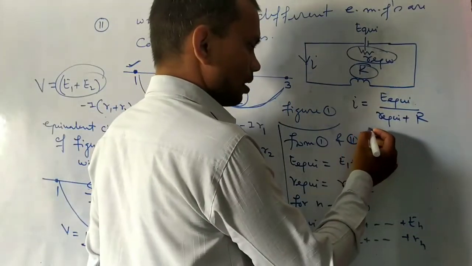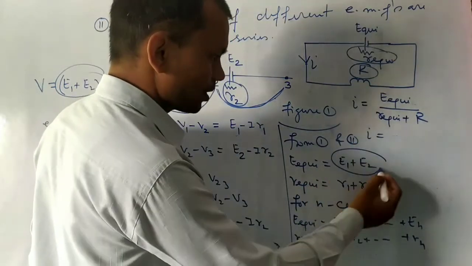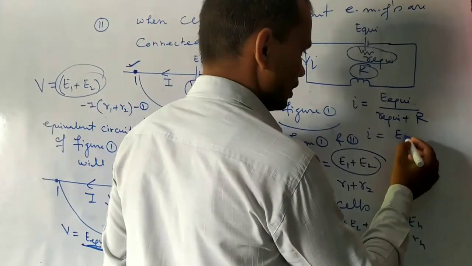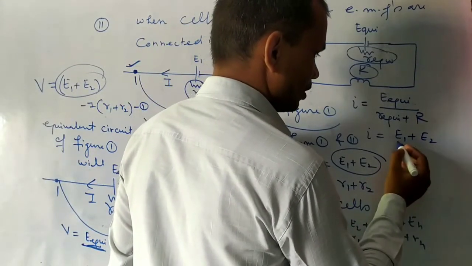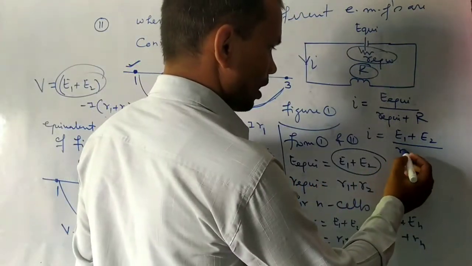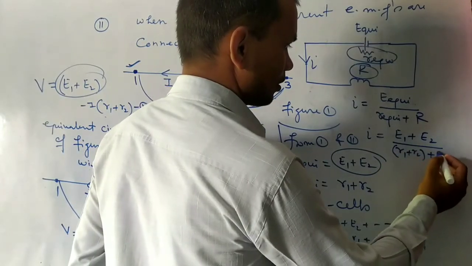So I is equal to E equivalent, for the two cells we have calculated, this is E1 plus E2, and then R equivalent, this is R1 plus R2, and then capital R, right?